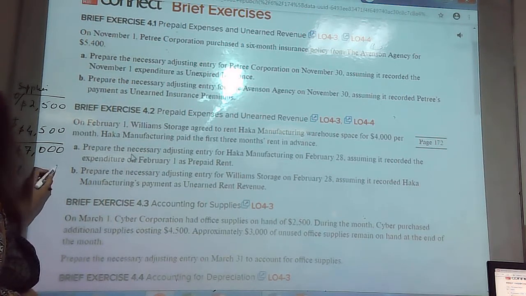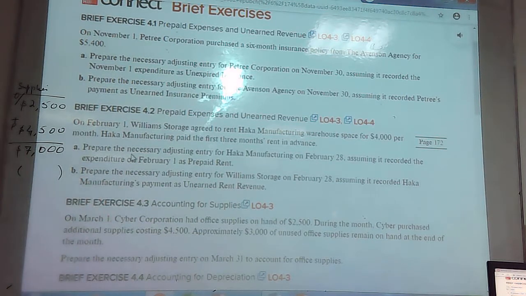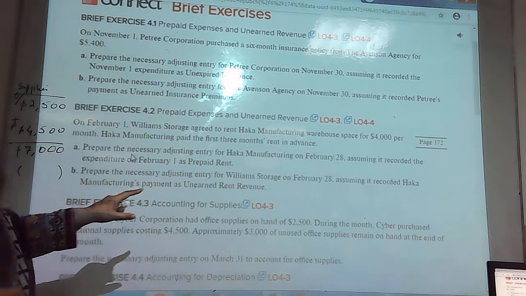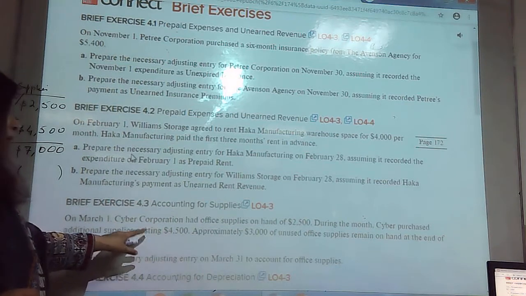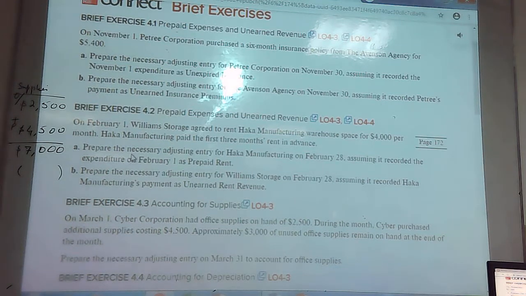You subtract the on-hand amount, which is unused, and we don't want the unused part, because we need to find the adjusting entry for supplies that have been consumed. They say prepare the adjusting entry to account for office supplies. So if he had opening supplies, purchased additional supplies, and the unused supplies remain, we just want whatever is consumed.